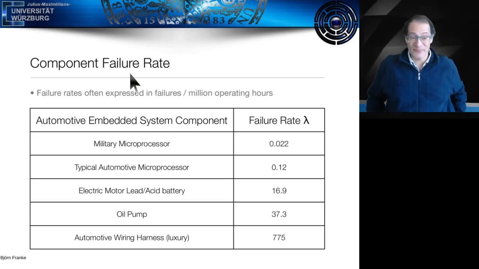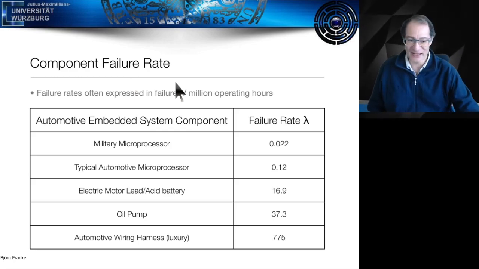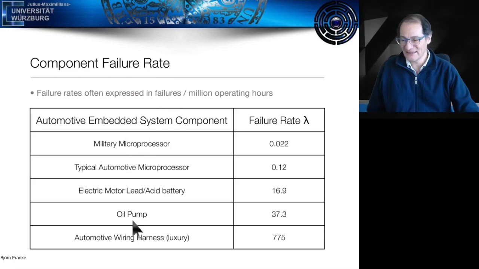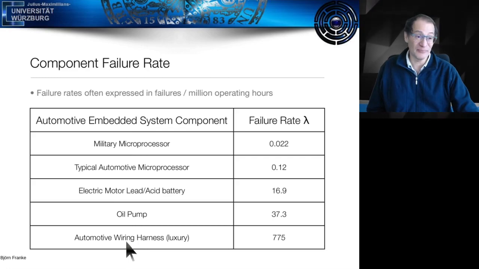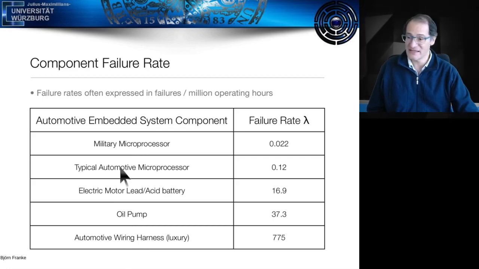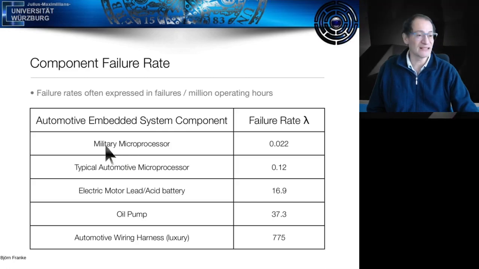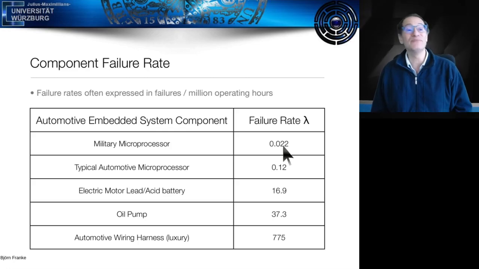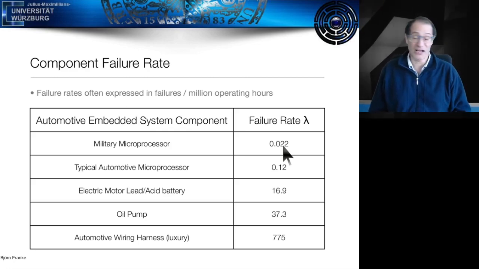Okay, and now let's compare some components' failure rates. Different components are produced with different technologies, and for example, between microcontrollers and mechanical devices, there is a big difference. The most safe or dependable systems are the military units. For example, the failure rate for military microcontrollers, microprocessors is 0.02 failures in 1 million operation hours, which is actually low.